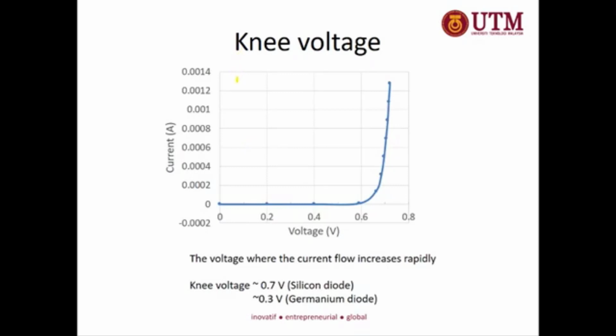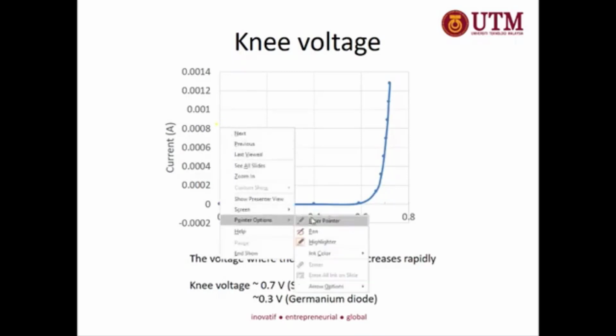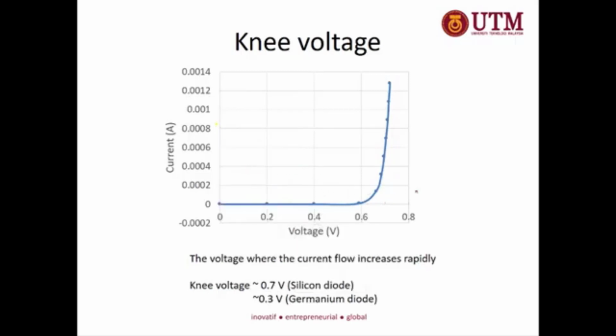When you consider forward bias, because the voltage is positive, you can see the transition from the region where there is almost no current to the region where the current increase is very rapid.